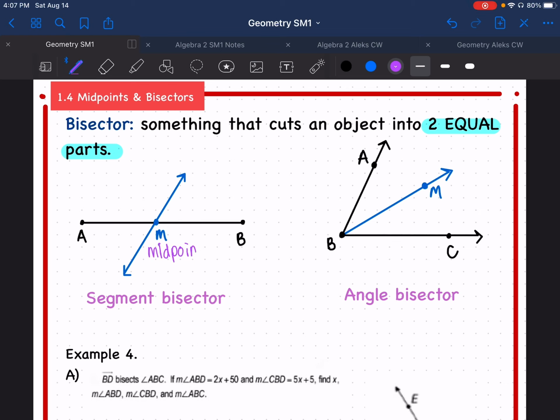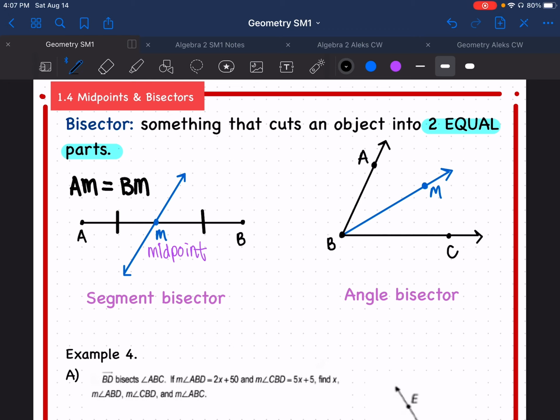And remember, one way that I can let you know that the two pieces of the segment from A to M and from B to M are the same is by putting a little hash mark like that. This mark means that AM is equal to BM. Okay, those two pieces are equal.